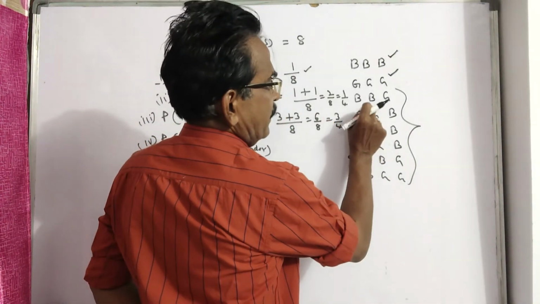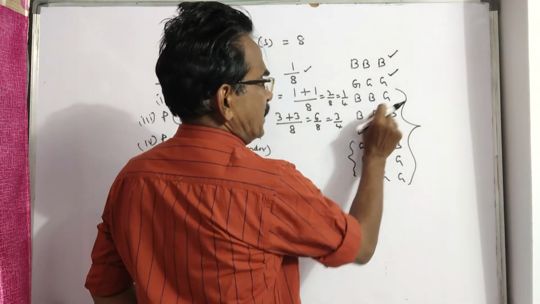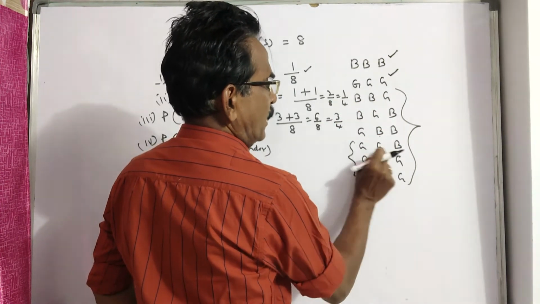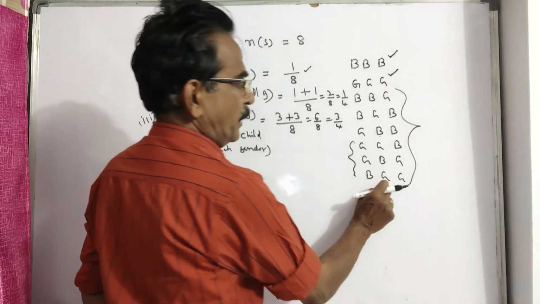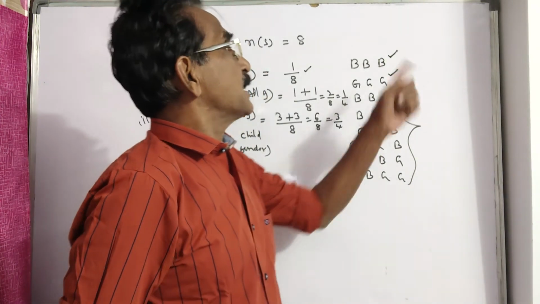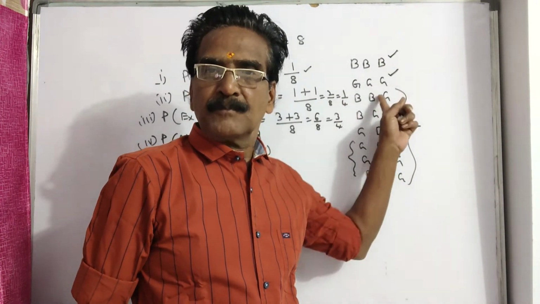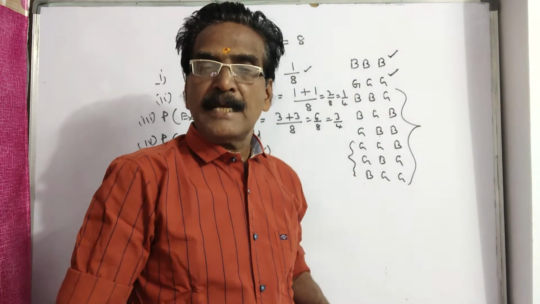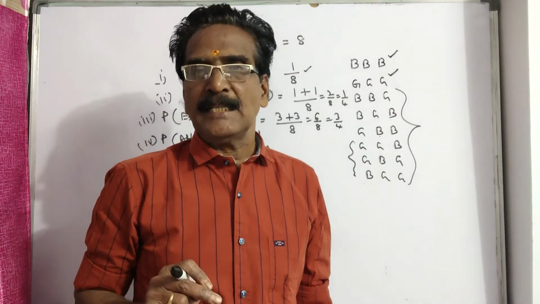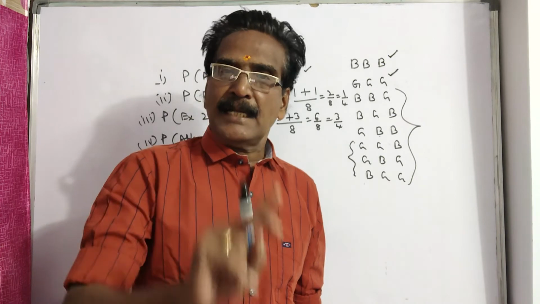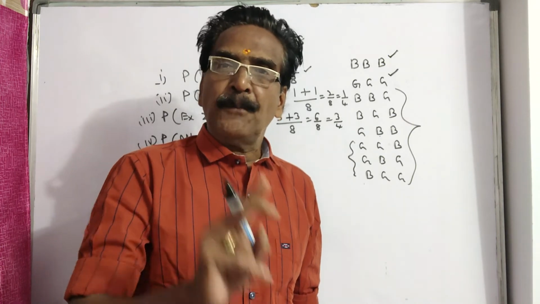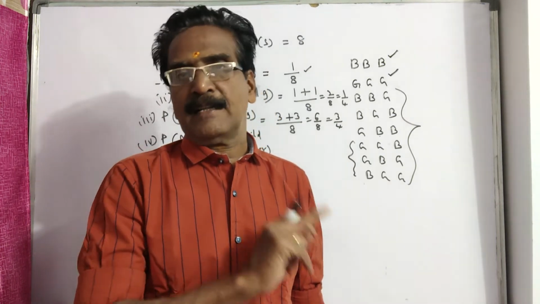See this observation, one boy one girl is there in each. So excepting these two outcomes, in the remaining six outcomes, at least one boy and one girl are there.